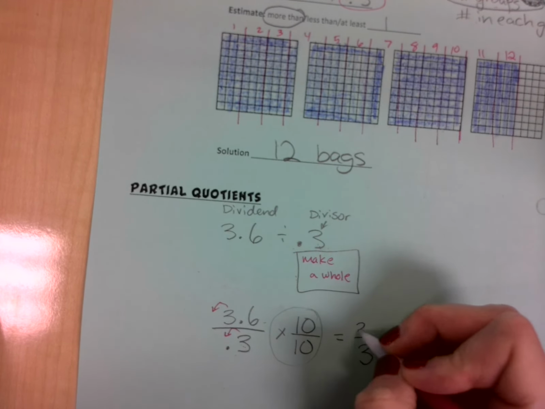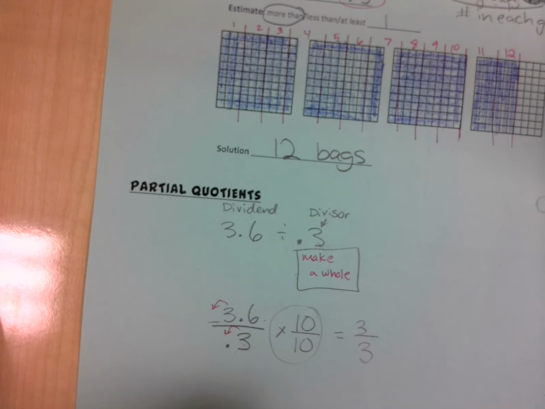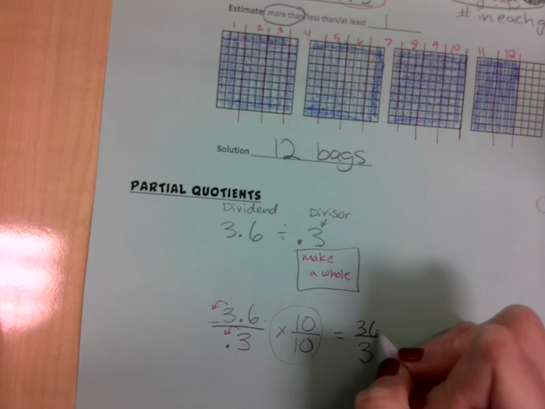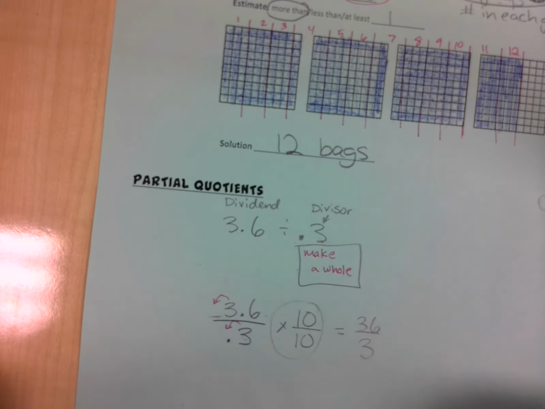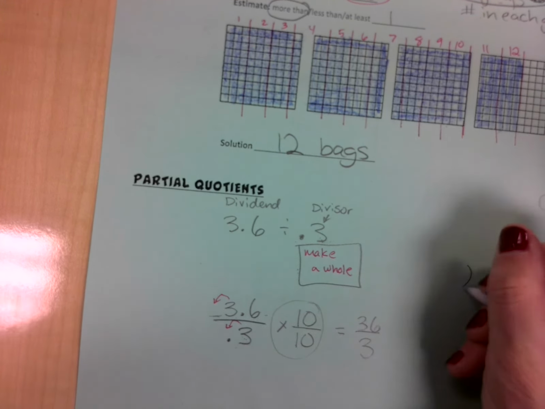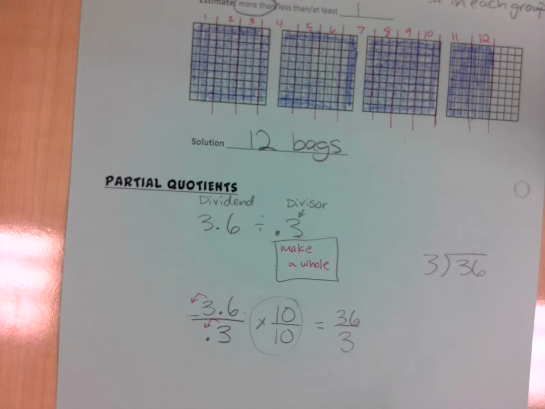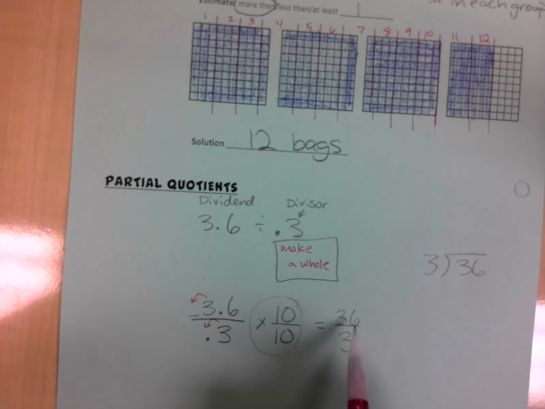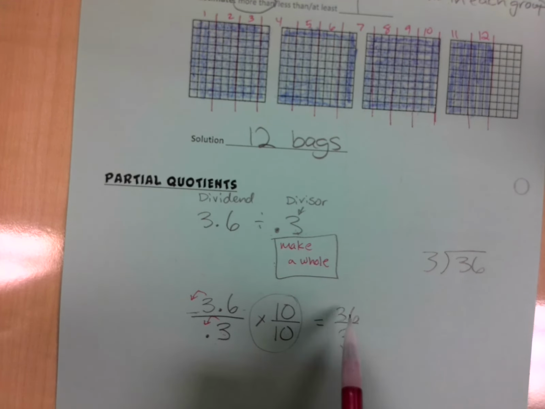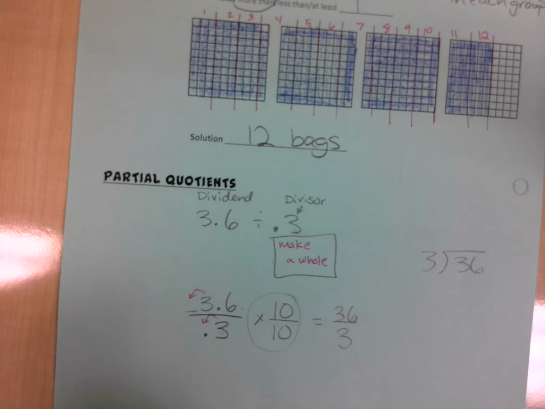So the 3 is now in the tens place, and the 6 just so happens to also be in the ones place. Okay, well, now I'm technically just doing 36 divided by 3. They're whole numbers. This won't always happen. Sometimes the decimal will stay in the dividend, but it must come out of the divisor. Has to. Otherwise, your decimal is going to be in the incorrect spot in your answer.